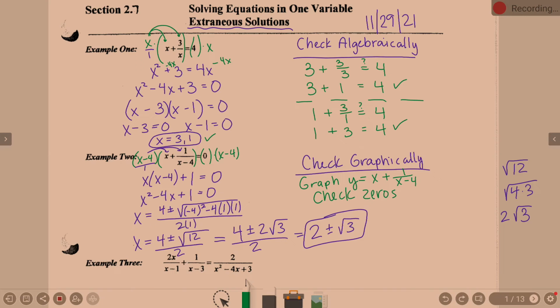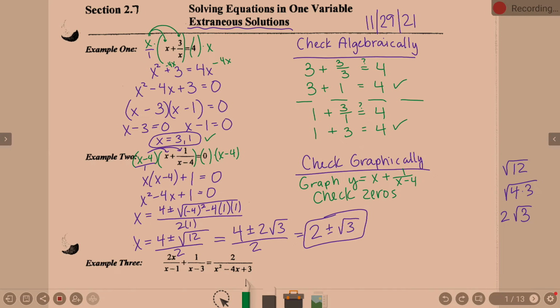My suggestion is if you hit trace, or if you go into second calc and do value, one of our zeros is 2 plus the square root of 3. So if I type in 2 plus square root of 3, and notice if I hit equals, it gives me a 0. That means that is one of my zeros.